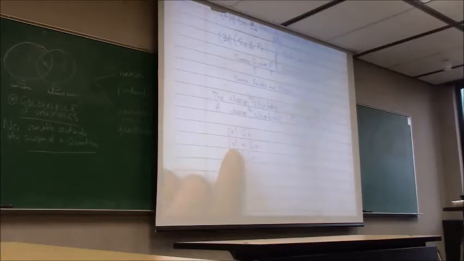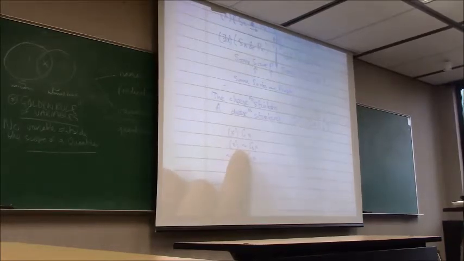What is this one saying? Nothing's green. It's saying nothing is green because, well, what does it in fact say? Everything is not green, which is another way of saying nothing is green. What's this say? Not everything is green, which is another way of saying some things are not green. This says nothing is green. This says some things are not green.